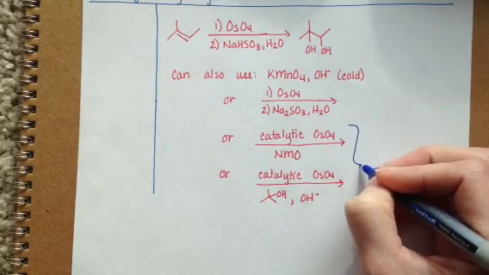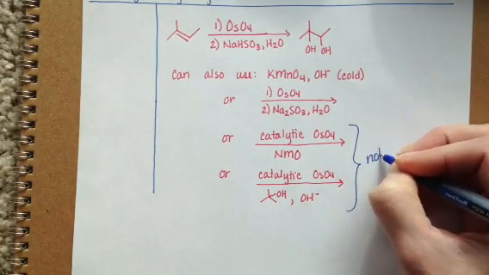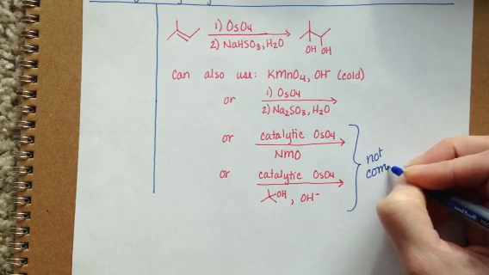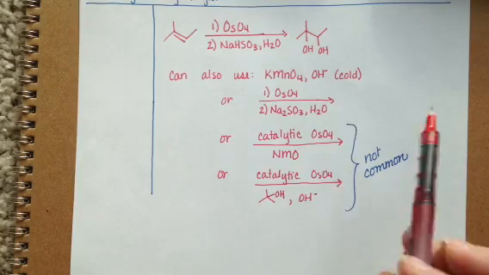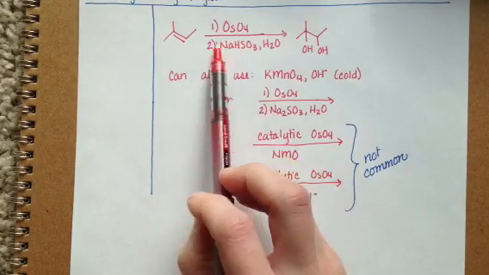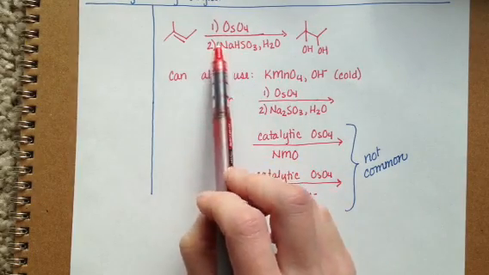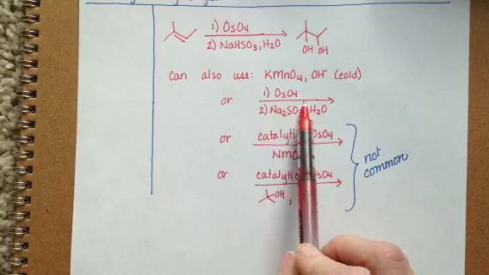These reagents are not as common. You're going to see them as examples in your textbook, but typically the reagents that we're using to do this reaction in lab and on paper are going to be one of these three sets.